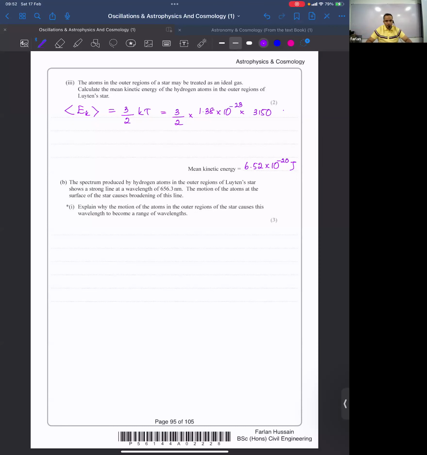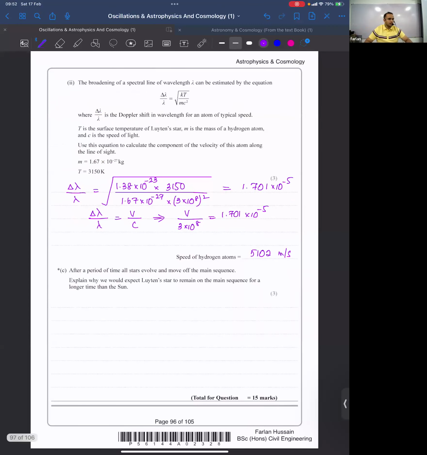Okay, and write the next point. The existence of hydrogen atoms in the atmosphere is an evidence that it is a young star.